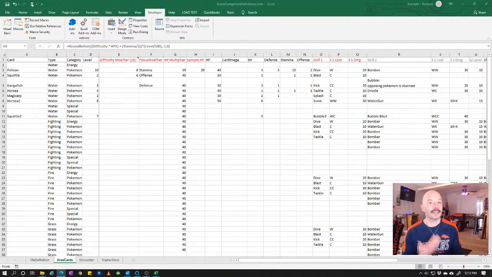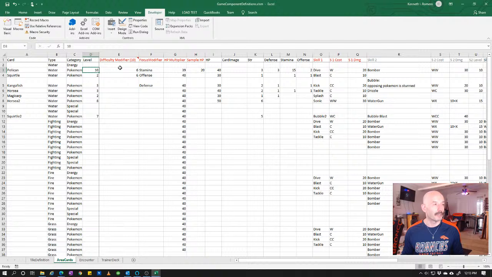And the only way you can get 35 is if you have a stamina that goes all the way to 15. So, well, actually it's 1 to 400. So if your stamina is 15, your difficulty is 10, and your level is 10, you're at 400. So that's like the perfect Pokemon. Can't be any better.